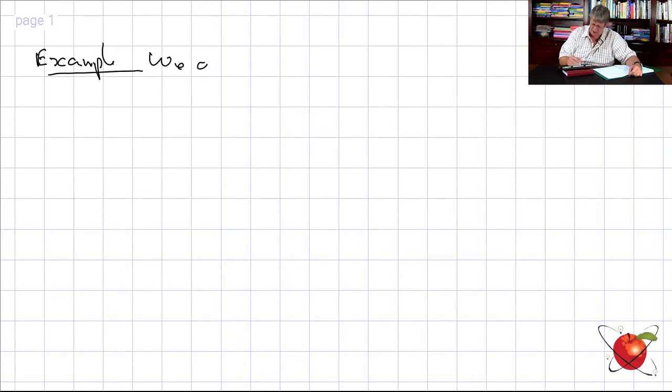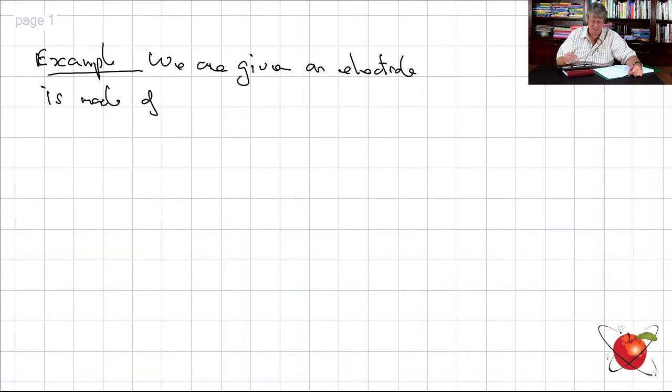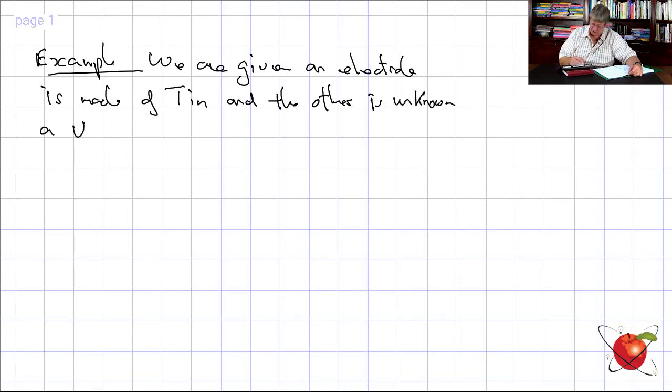We are given an electrode. An electrode is made of tin. That's a new one. And the other is unknown. The voltmeter reads 0.62 volts.